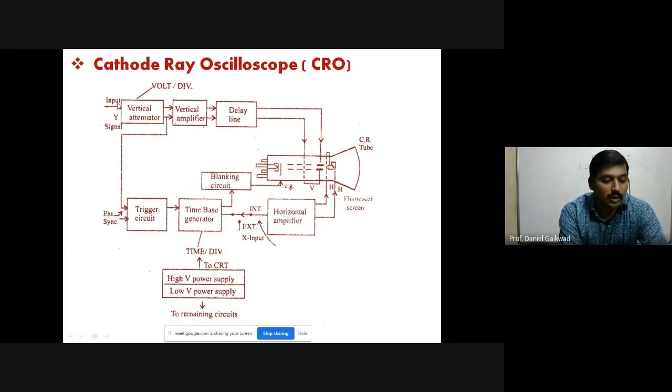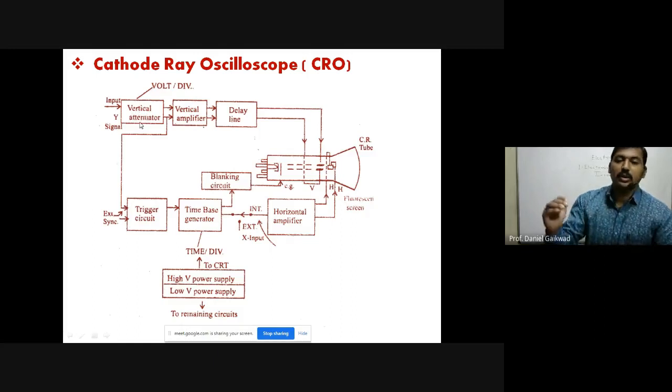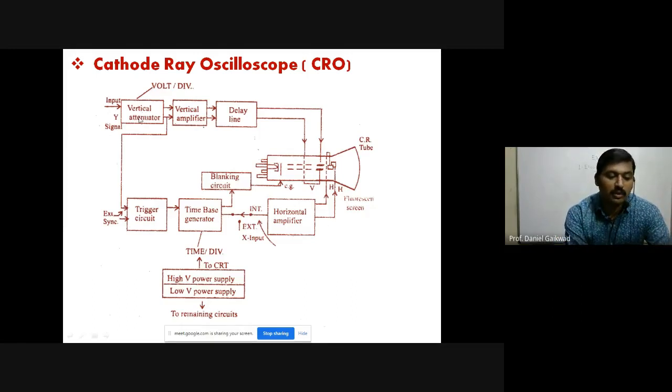Input Y signal is given to the vertical attenuator, that particular block called volt per division. Attenuator means we have to reduce the strength of the input signal. So attenuator means reduction in signal with the help of volt per division.